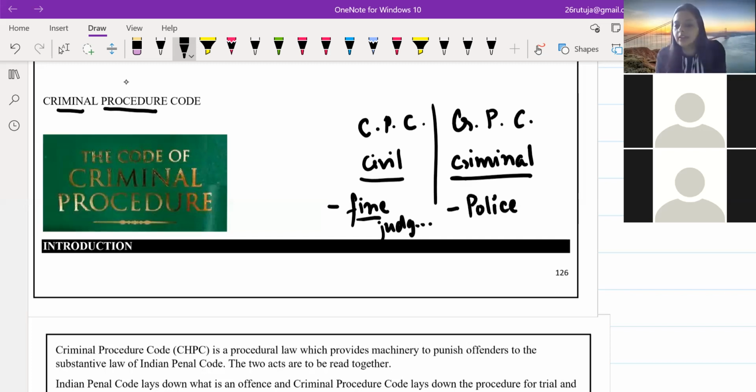So you are not directly going to the court like you went in a civil suit. In case of criminal, you first go to the police station. You report about the criminal offense which has taken place, और फिर वहां से शुरुआत होती है. Then police will direct you further to the magistrate or the court. Then you go there, and then it goes on.